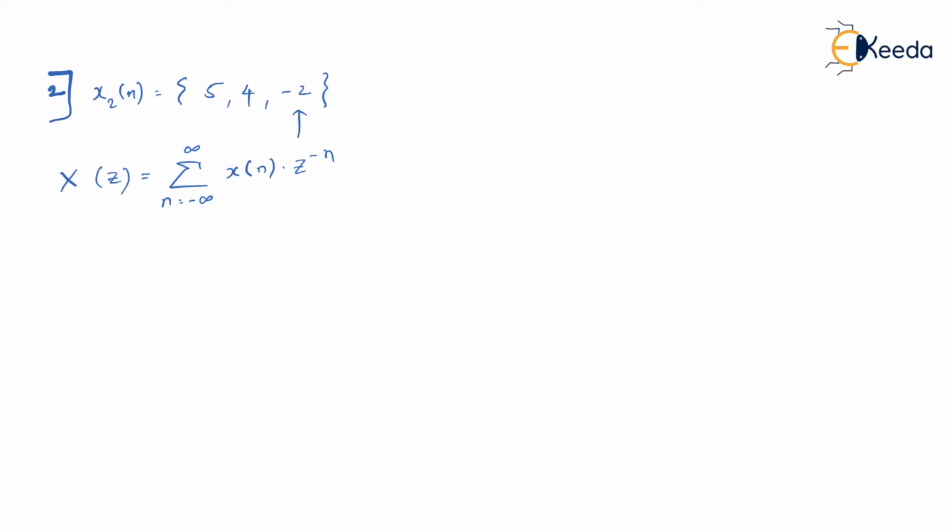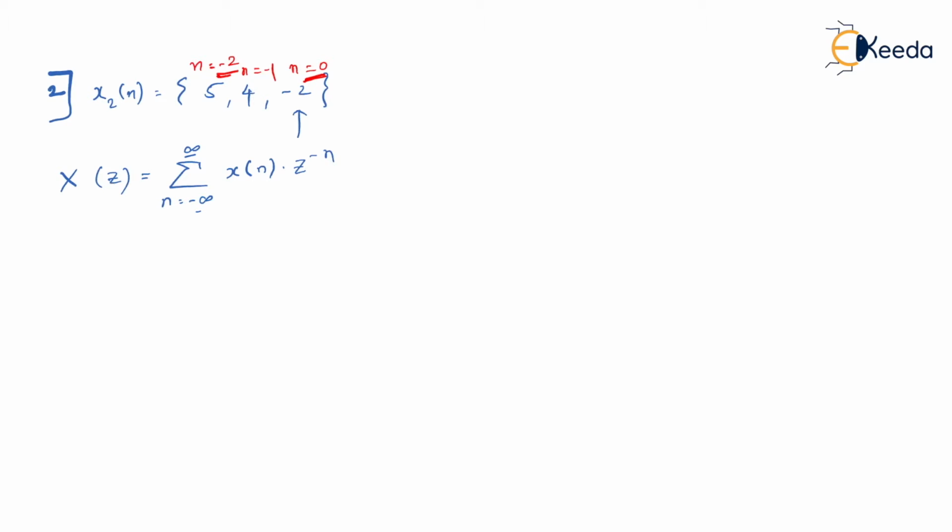But here n cannot be varied from minus infinity to infinity because our sequence is of finite length. That is, this arrow mark indicates this is present at n equal to 0. Then the sample prior to n equal to 0 is present at n equal to minus 1, and this is present at n equal to minus 2. So as you can see, your signal starts with n equal to minus 2, ends with 0. So the lower limit is minus 2, the upper limit is 0.